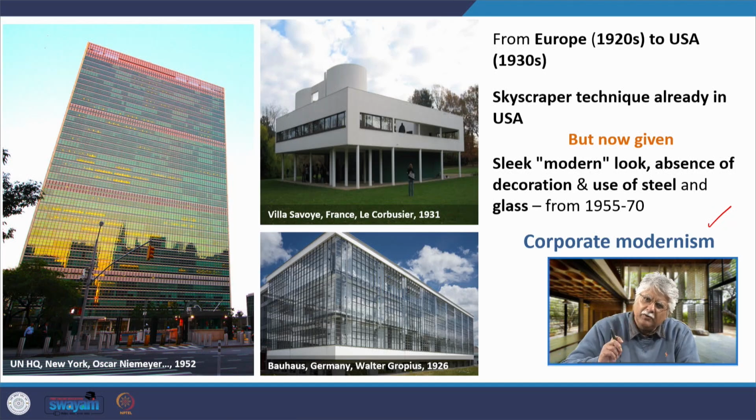And if there is one person who is singularly responsible for bringing this connection between international style modernism and the modern day skyscraper, that person is Mies van der Rohe. Because Mies van der Rohe had to flee Germany with the rise of the Nazis there, and when he left Germany, he landed in America. He settled down and began teaching in Illinois Institute of Technology, and while he was there he got connected with the architectural profession.